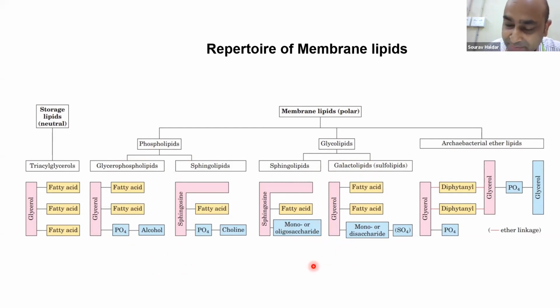There is another kind of lipid which I do not have in this categorization, and that is called phosphatidylinositol phosphate.